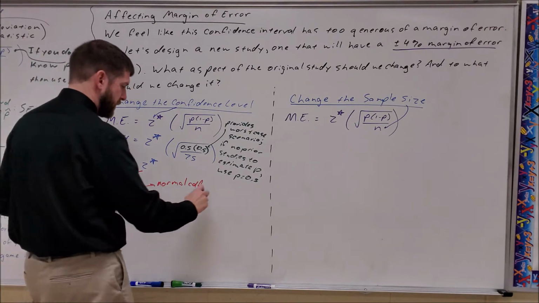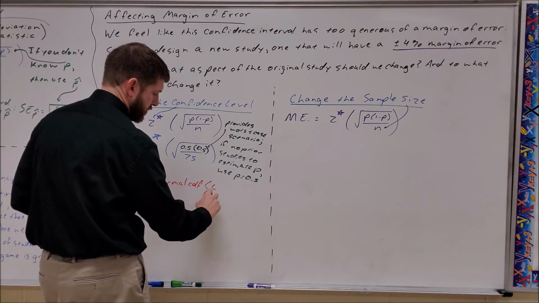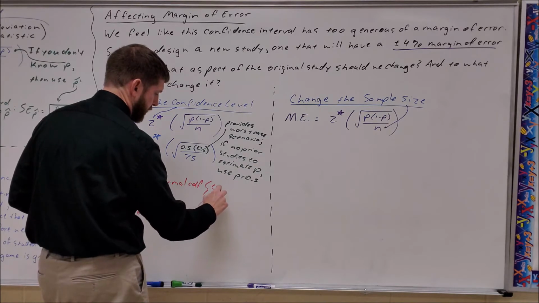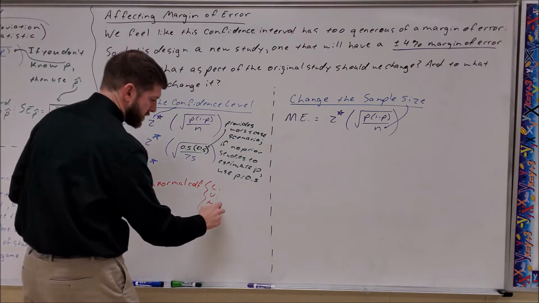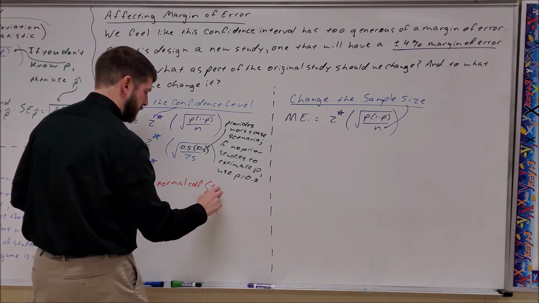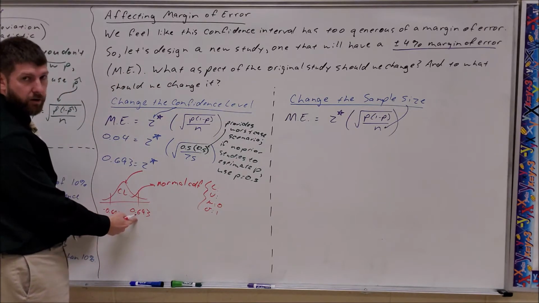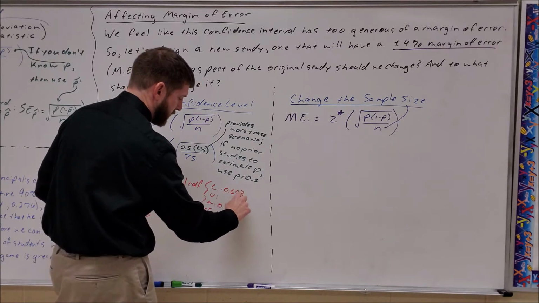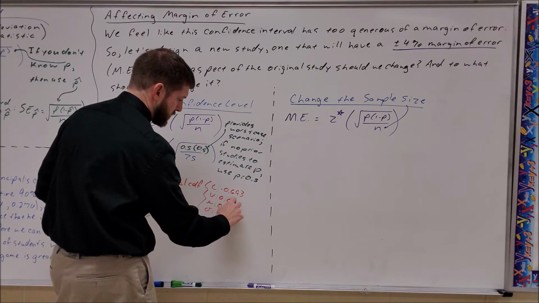And we know normal CDF asks for 4 features: lower, upper, mu, and sigma. Standard normal curve, mu and sigma are always 0 and 1. The lower, upper in this case are the critical Z's, so negative 0.693 up to positive 0.693.